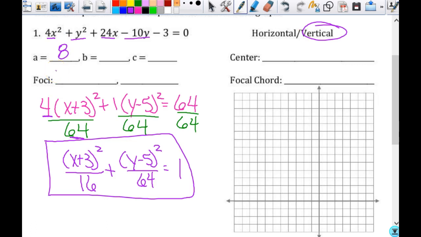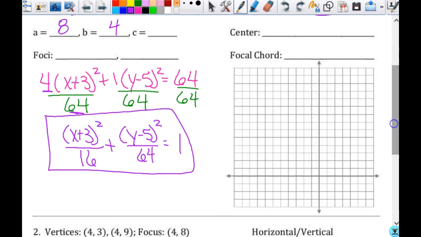B is 4. And then how do I find C? Good. C squared equals A squared minus B squared. So C squared equals 64 minus 16. What's 64 minus 16? 48. So c squared equals 48.